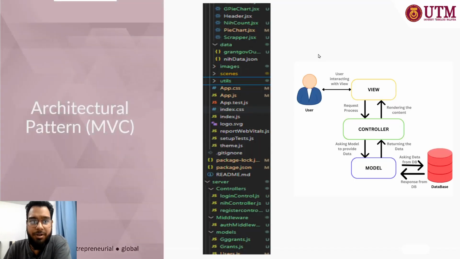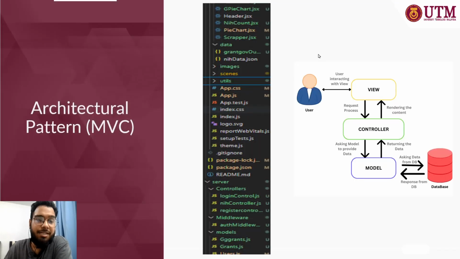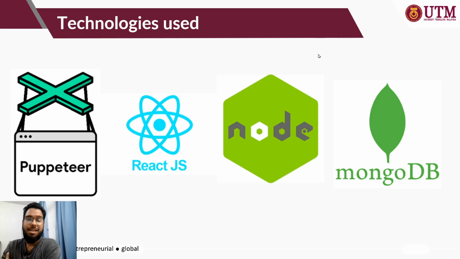For implementation, first let's talk about the architectural pattern, which I used was MVC. MVC divides the models, the views, and the controllers separately, so that it's easy for coding and also to locate the files. We can also say it in the technologies used.